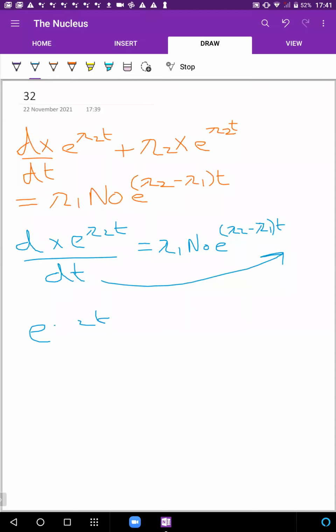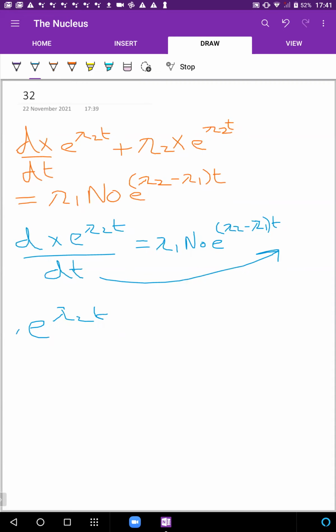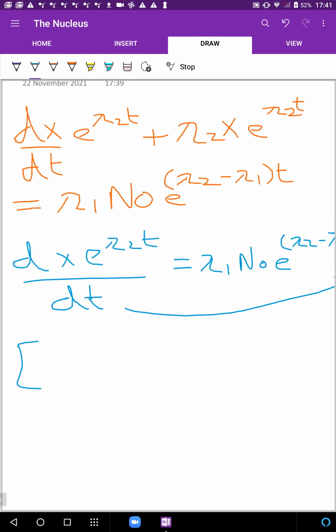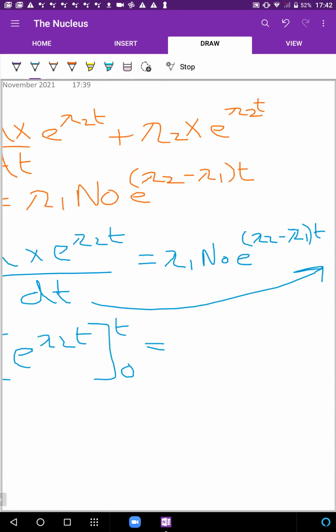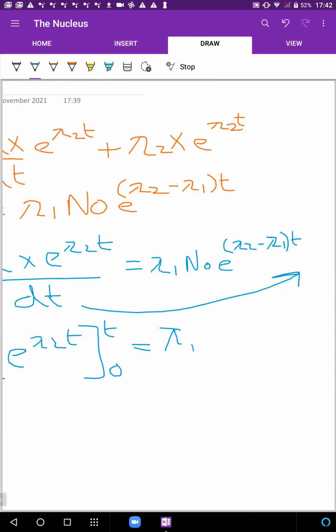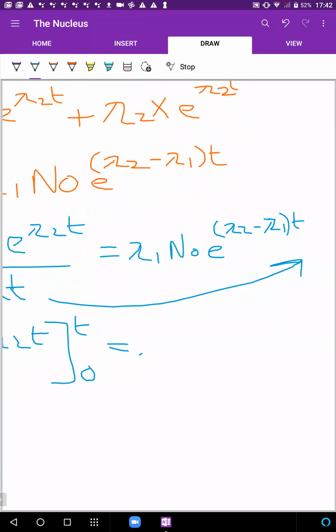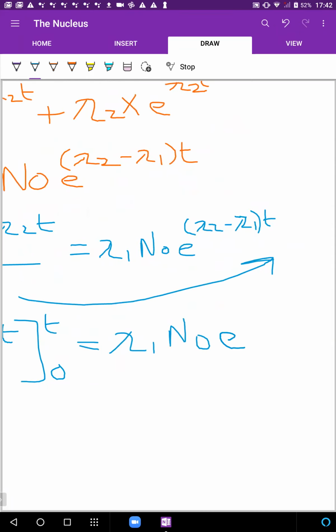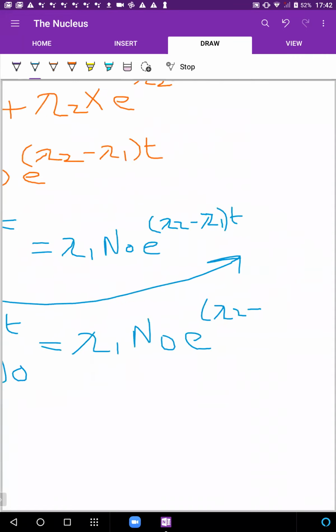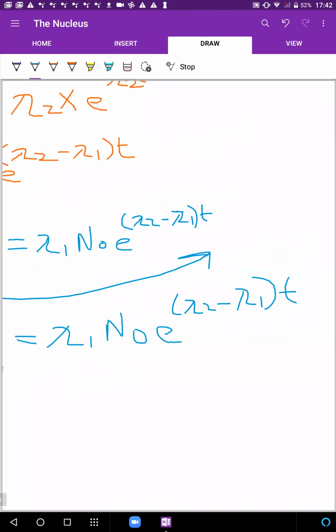I need to actually integrate with the limits, from 0 to t. And the RHS will give me lambda 1 N naught e to the power lambda 2 minus lambda 1 t divided by lambda 2 minus lambda 1, also from 0 to t.